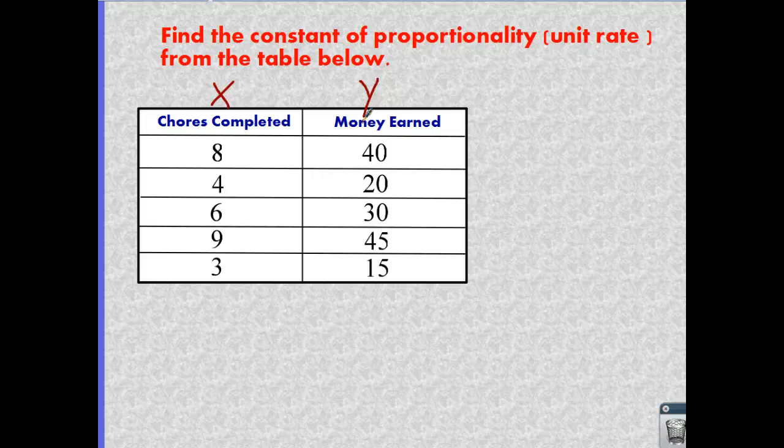Okay, good. What you're seeing is you're going to be taking your x's and multiplying them all by 5 to get your y values. So if you take that, y is going to be equal to 5 times your x values, and that is always the case all the way down this chart. So 8 times 5 and 4 times 5.